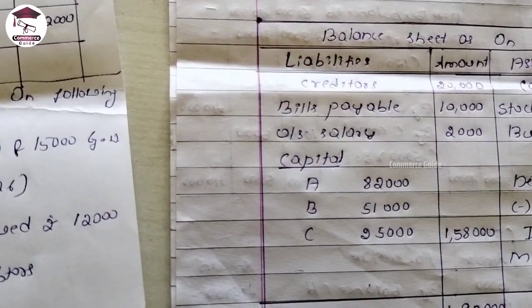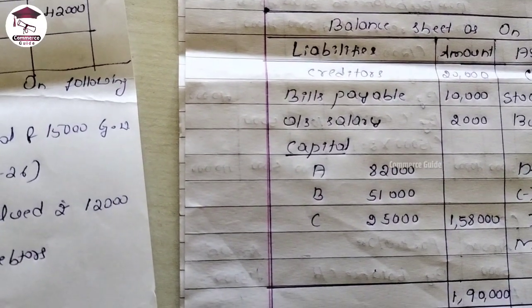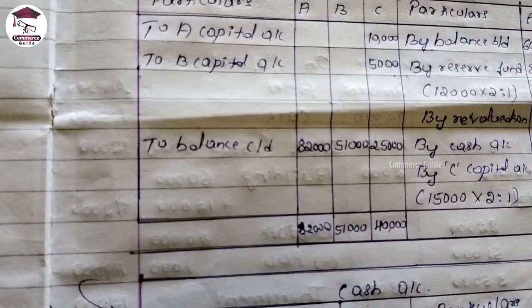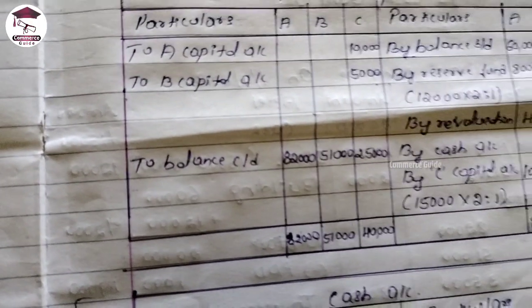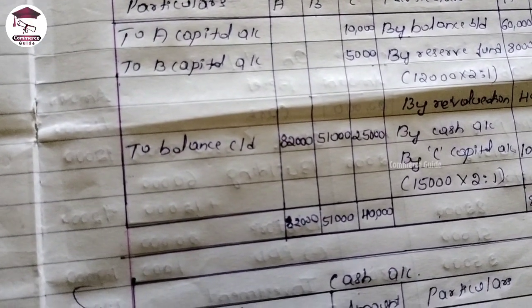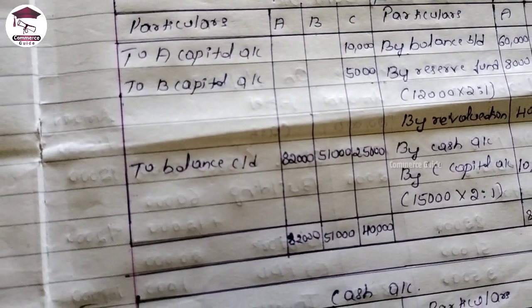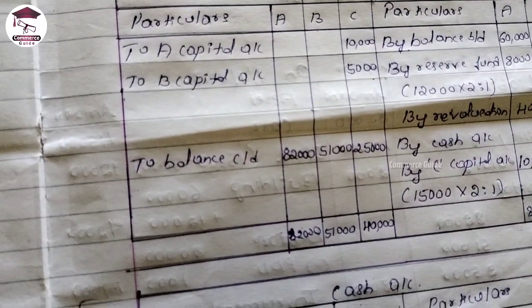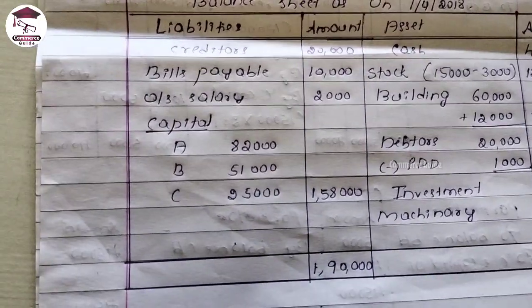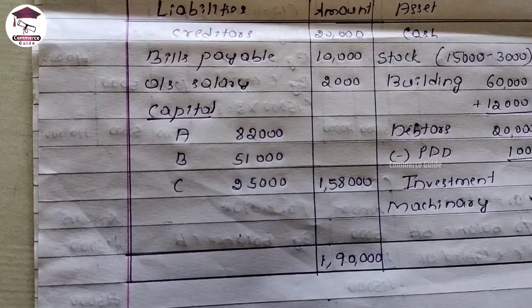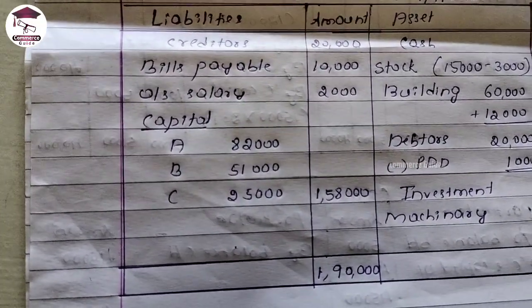Then the capital we need to write, that we got from the partners' capital account. Here in the partners' capital account, balance carried down is 82,000, 51,000, 25,000. We need to write it in the balance sheet. Capital A 82,000, B 51,000, C 25,000. In the outside column, 1,58,000.